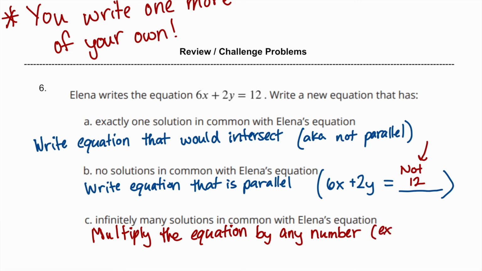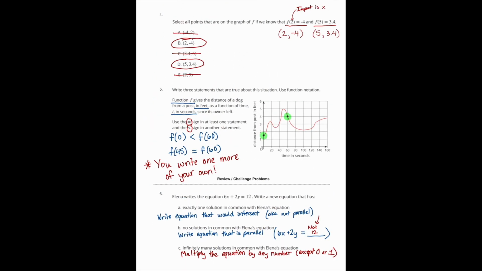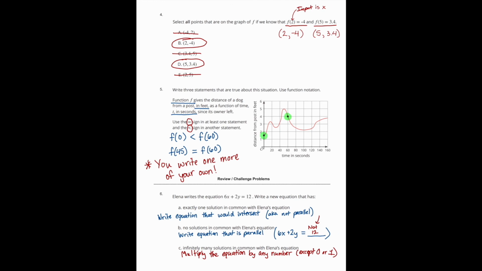So we'll say except 0 or 1. And if you multiplied both sides of the equation by that number, you would get something that has infinitely many solutions because it would land on the line. And I believe that is it for this question. The next page I have is for lesson 4, so that's for another video.